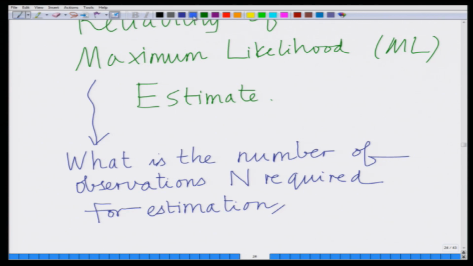So what we are going to start addressing today is how do we decide the number of samples, capital N, required for estimation to achieve a certain degree of reliability.